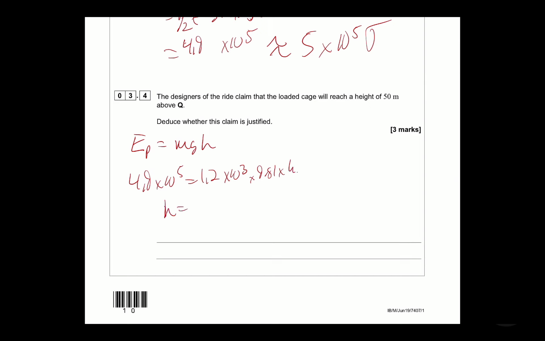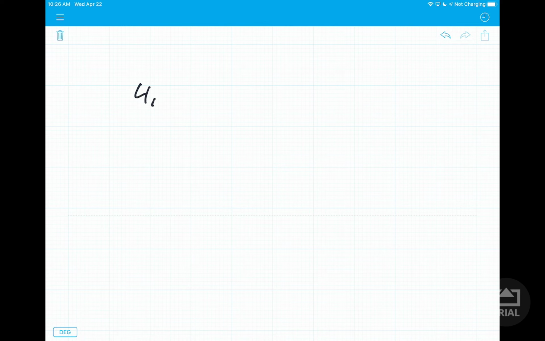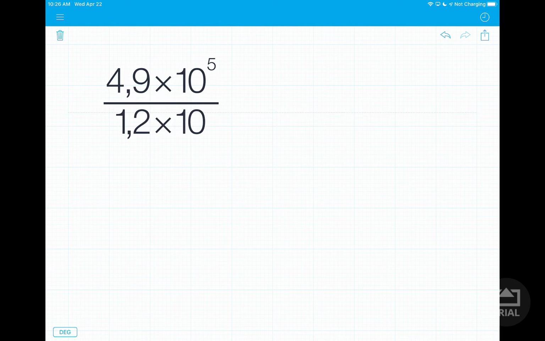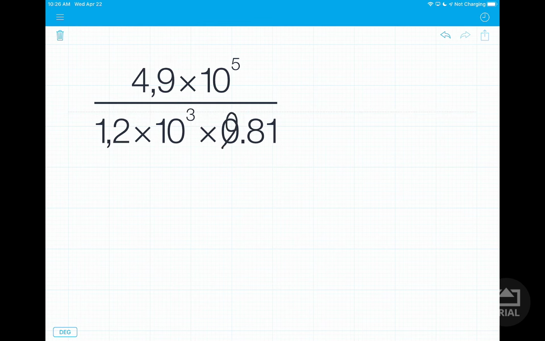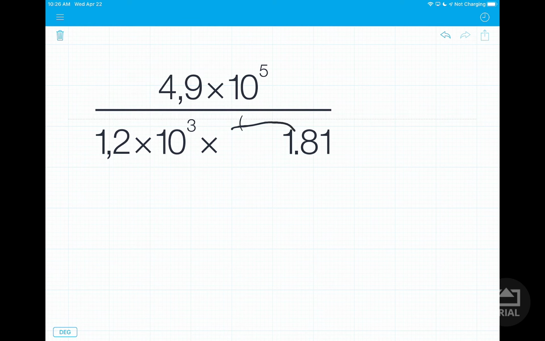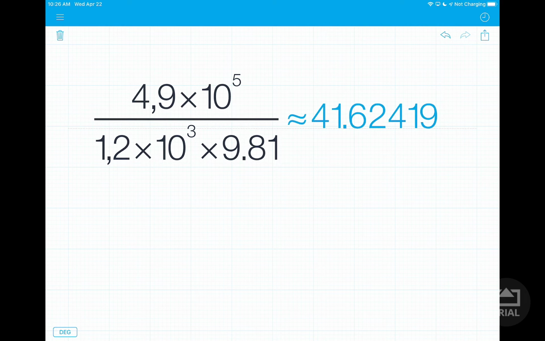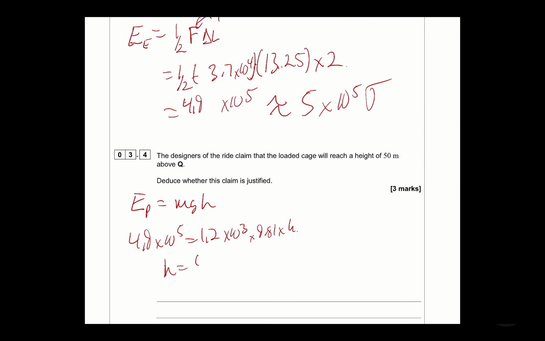So h is equal to 4.9 times 10 to the 5 over 1.2 times 10 to the 3 times 9.81, and it's only going to reach a height of 41.6 meters. So it's not justified.